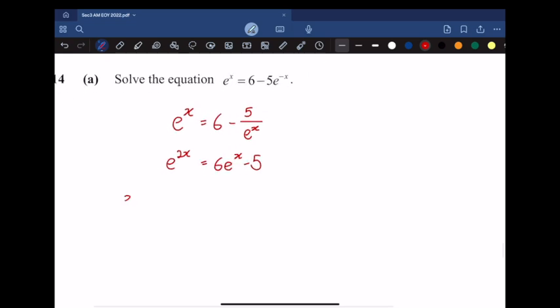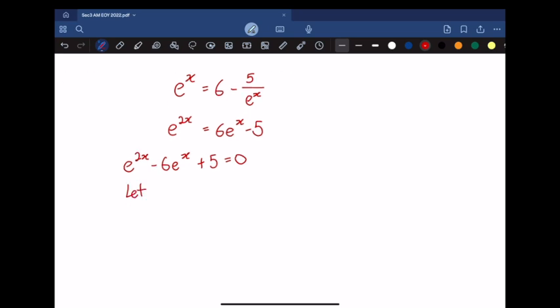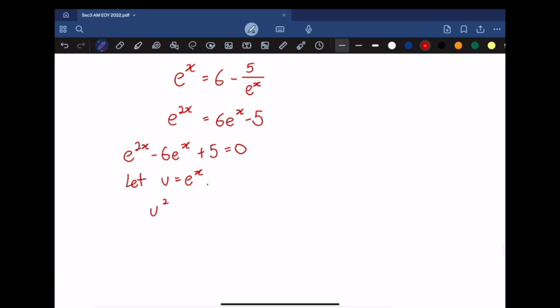So e power 2x minus 6 e power x plus 5 equals 0. Then to make it easier, I can use a very simple substitution. But for those of you who can see how to solve this from here, you can continue moving forward. Let u equal e power x. Therefore, I will have u squared minus 6u plus 5 equals 0. Once I've done that, I'll get a simple quadratic equation in terms of u.